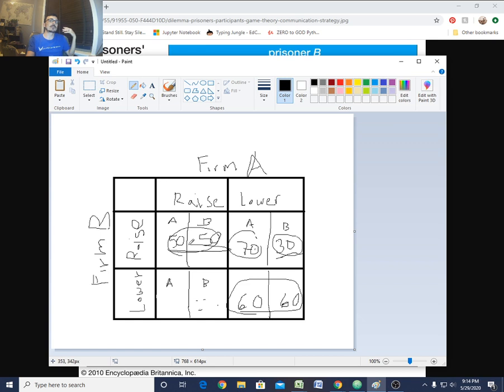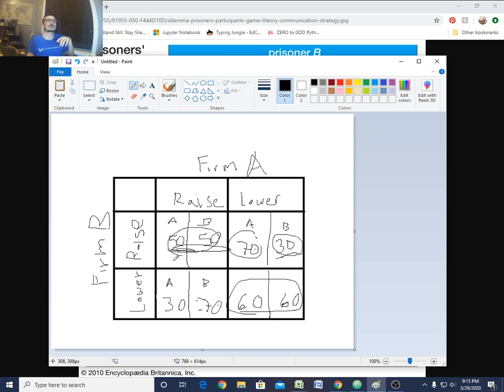But they're going to do that because they don't know what the other guy's going to do, and they don't want to risk being in this situation where they're the guy that lowered prices to maximize profits, and the other guy didn't, and then you end up in this whole bad situation, right?